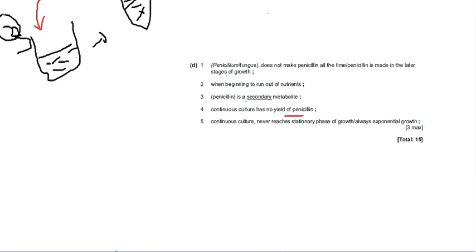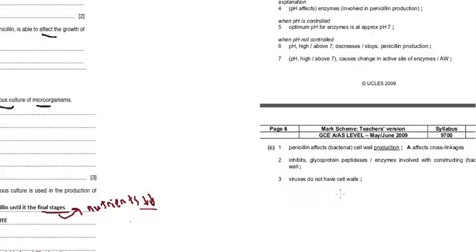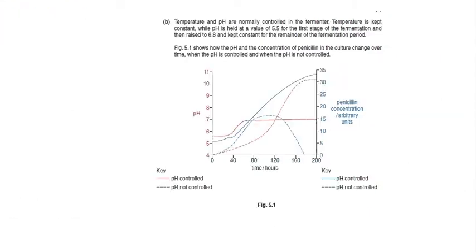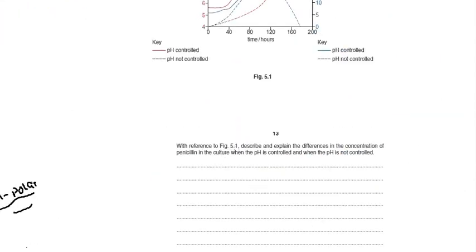Then we go to the last question, which I think is almost the same as what you have done. With reference to figure 4, describe and explain the difference in the concentration of penicillin in the culture when the pH is controlled and when the pH is not controlled.